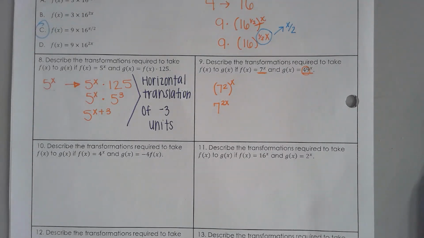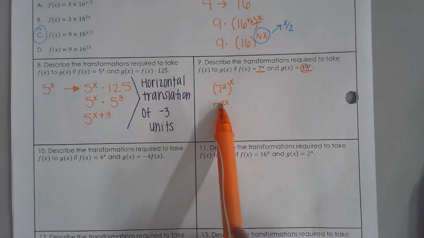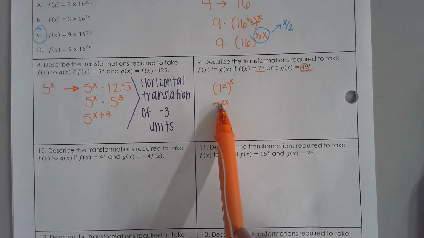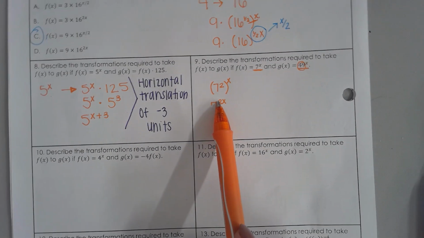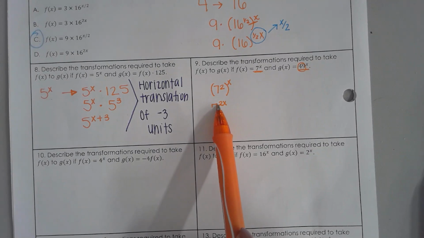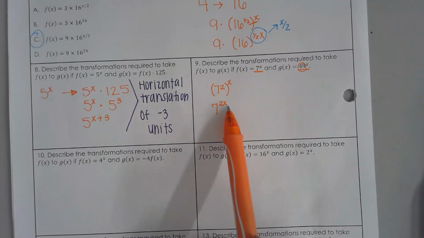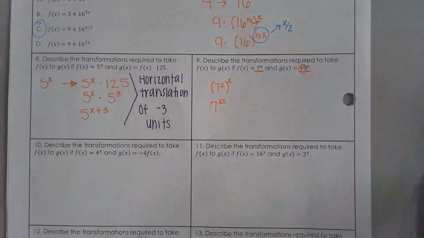But it's 7 squared to the x power. So here we have a number being multiplied right to the x. That's going to be a dilation. It's going to be a horizontal dilation because it's to the x. It's not x plus 2, it's x. This is x times 2. That's a dilation, horizontal dilation.